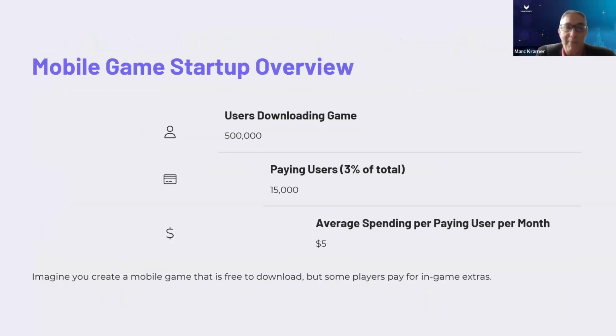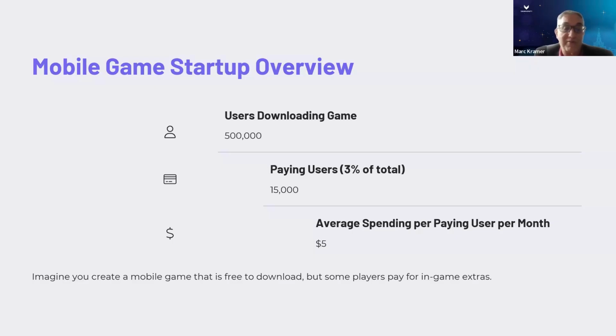So let's talk about a couple of different businesses. One is a mobile game startup. You have the number of users downloading the game, it's 500,000, and paying users who are looking at the game. It's a free game, but some are willing to pay for a higher level game. Let's say 3% of those people are willing to pay. You've got 15,000 paying customers.